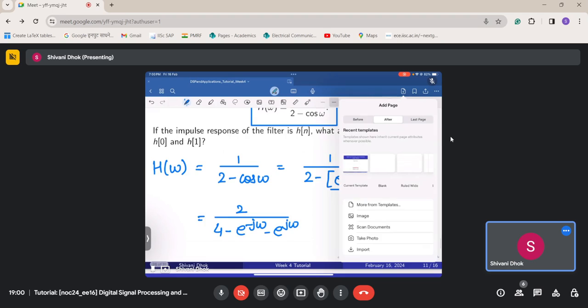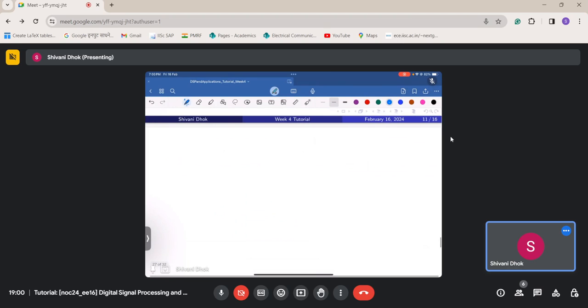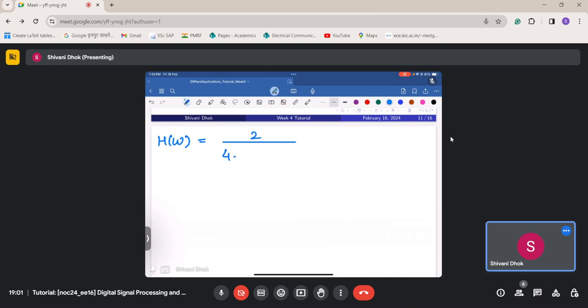So what do we have? H of omega is equal to 2 upon 4 minus e power j omega minus e power minus j omega. What I can do is take out e power j omega outside.